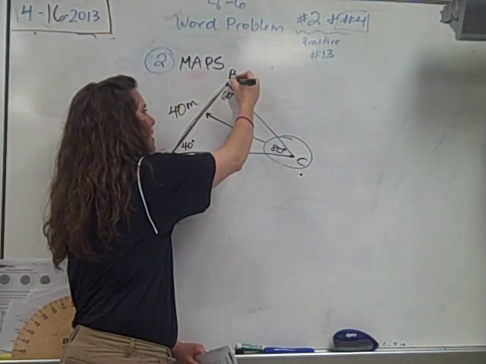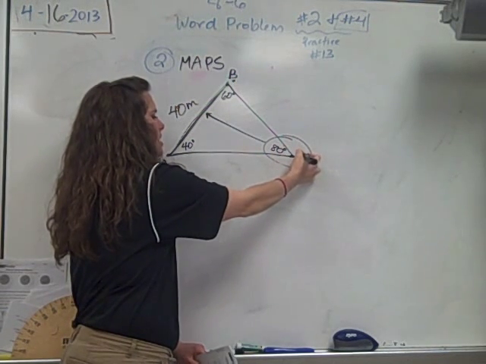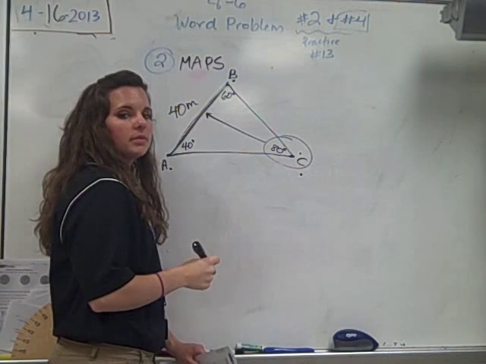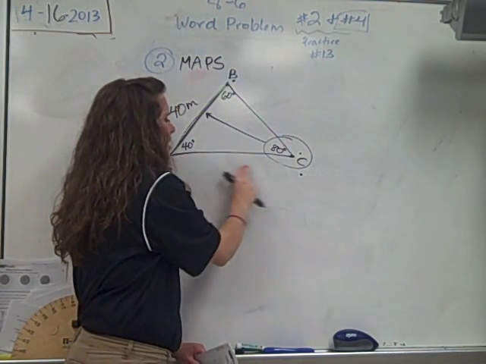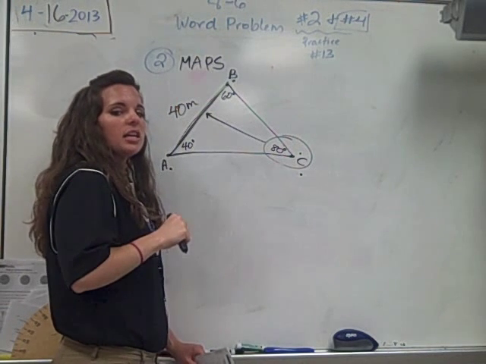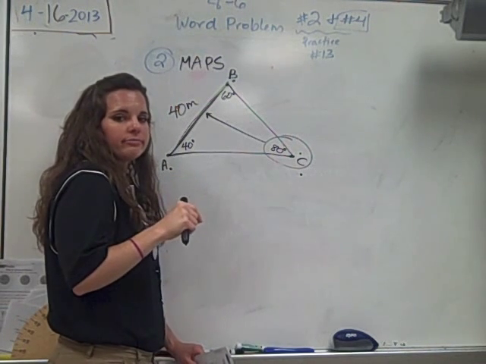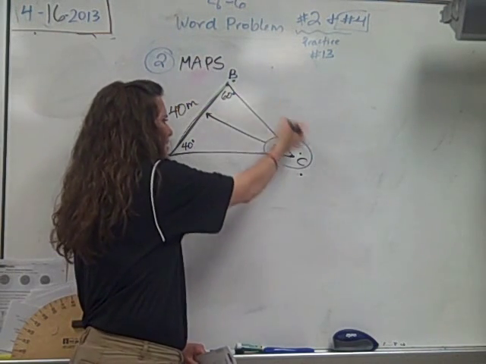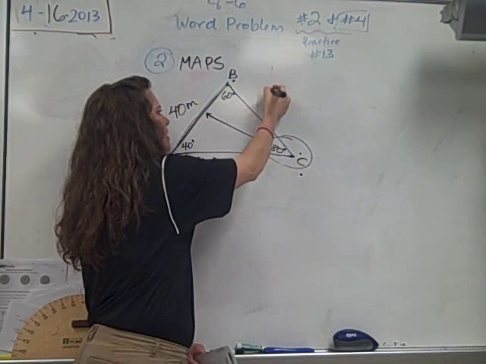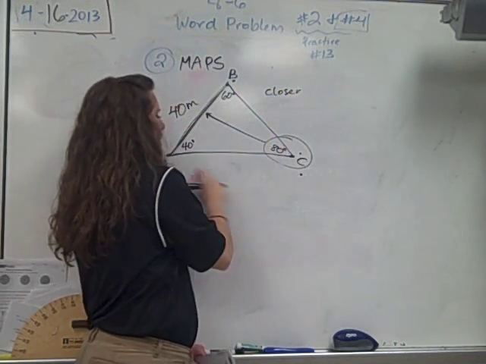Or am I looking for the distance between city B and city C? Okay? Now use your logic. BC, AC. Which one of these is going to be closer together? Now, I hope that you said BC. This is going to be the one that's closer together than AC.